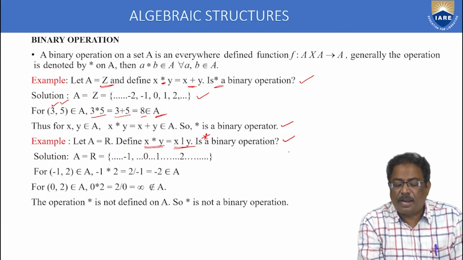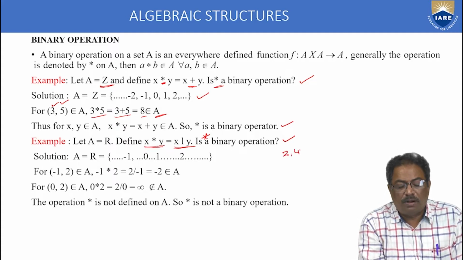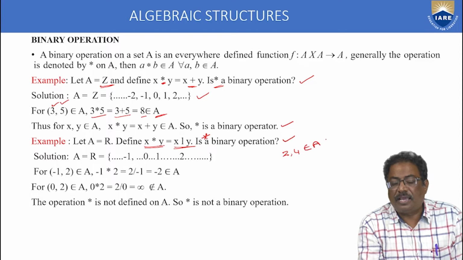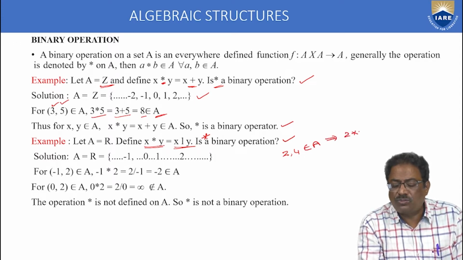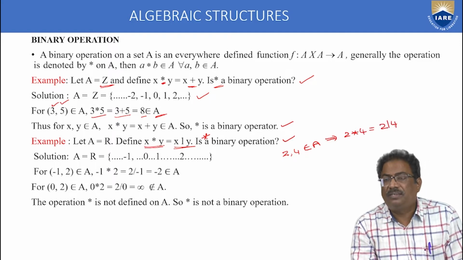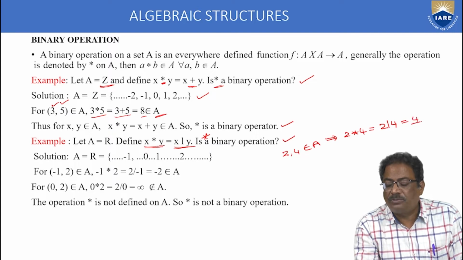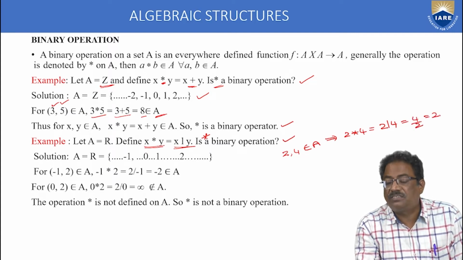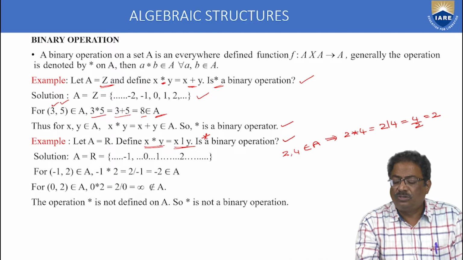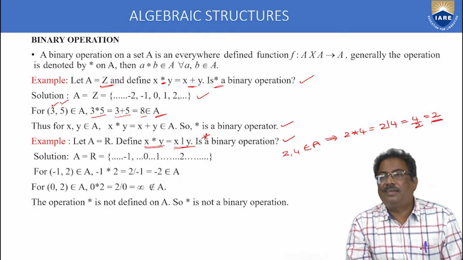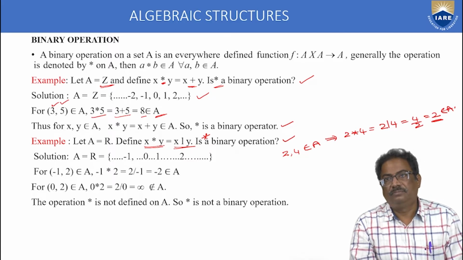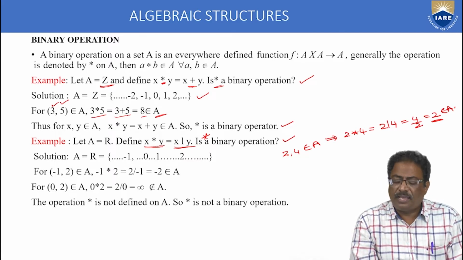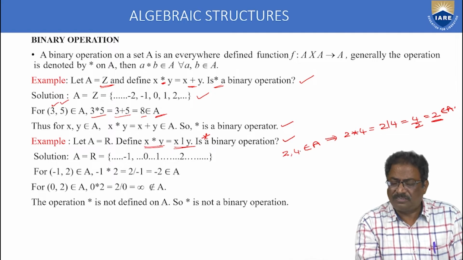Let us take 2, 4 belongs to A. So 2 star 4 is 2 divides 4, that is 4 by 2, which equals 2. 2 is another real number which belongs to A.